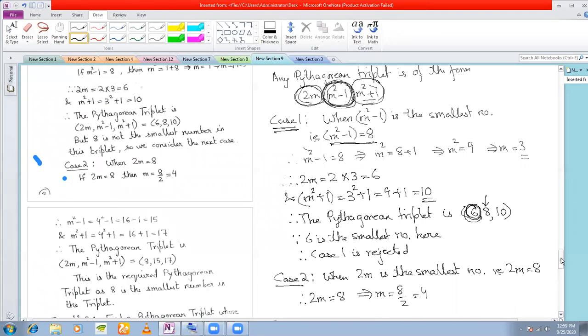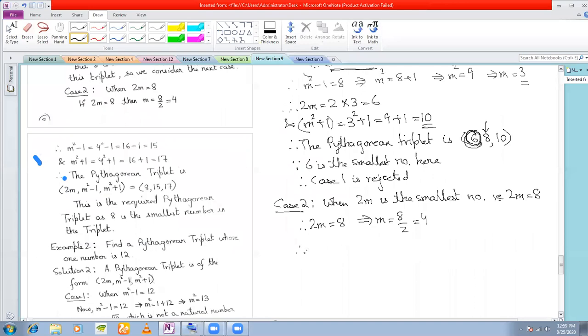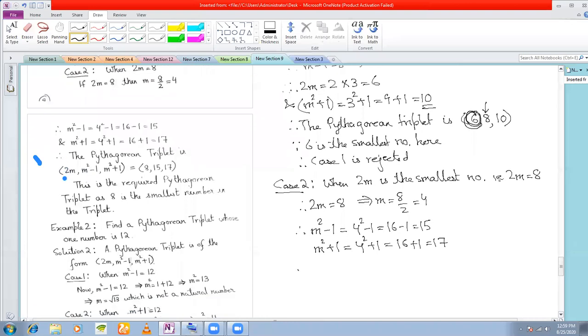So let us find the other numbers. Therefore, what is m square minus 1? It is 4 square minus 1, which is 16 minus 1 equal to 15. And third, the highest number, m square plus 1 is 4 square plus 1, which is 16 plus 1 equal to 17. So therefore, what is the triplet here?